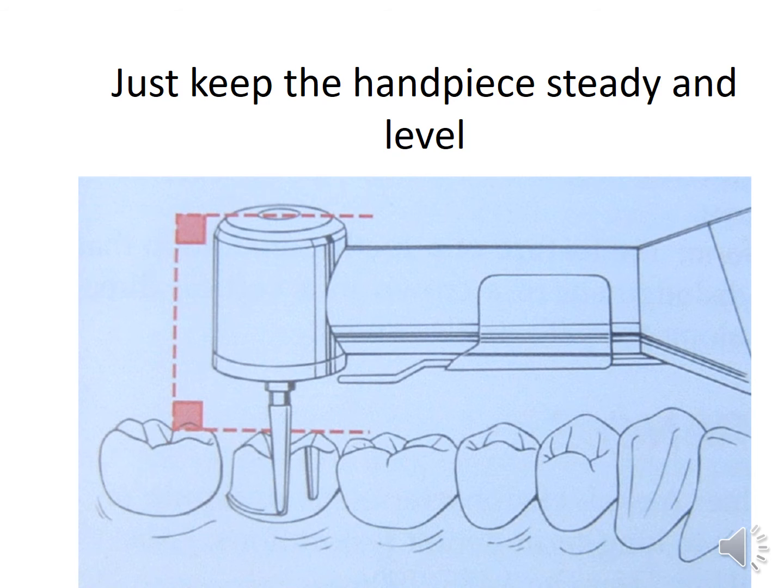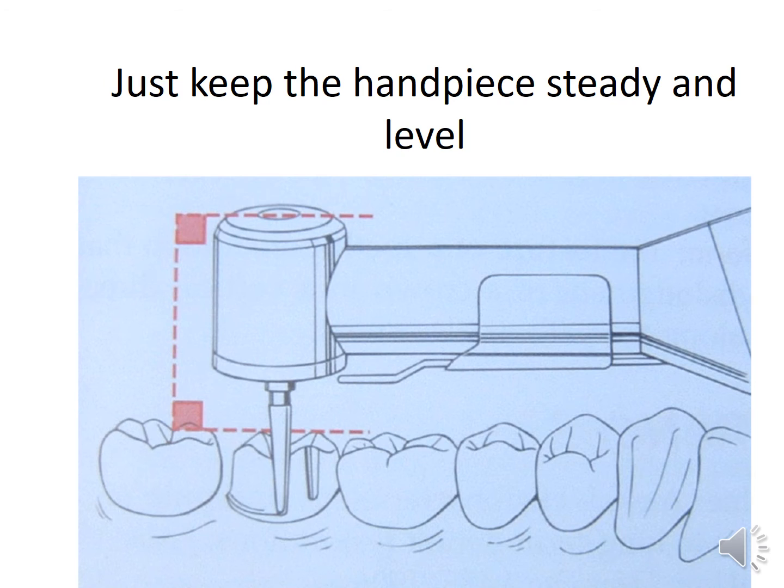So just keep the handpiece steady and level. Make it parallel to the long axis of the tooth structure. Just make the head of the handpiece parallel to the long axis of the tooth structure. Do not tilt it in any direction, away or near to the tooth.